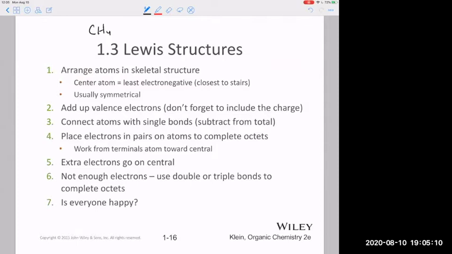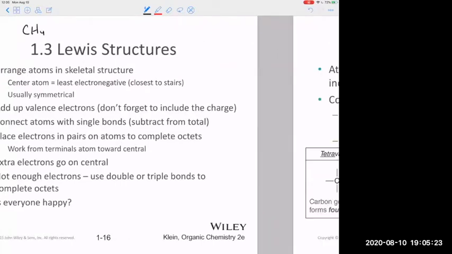So those are the rules. I think it's going to make a lot more sense to see them while I'm doing an example. But this is a page in your notes that you can have in front of you, so that in one slide when I do the example, you can follow along.